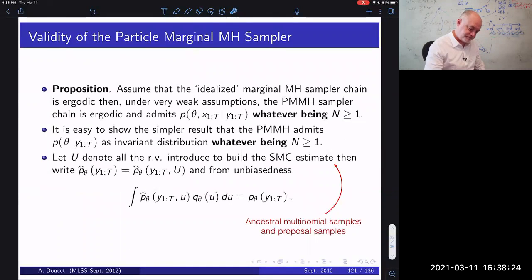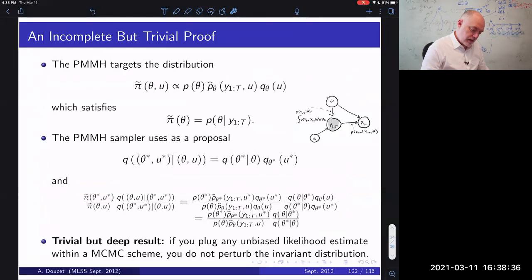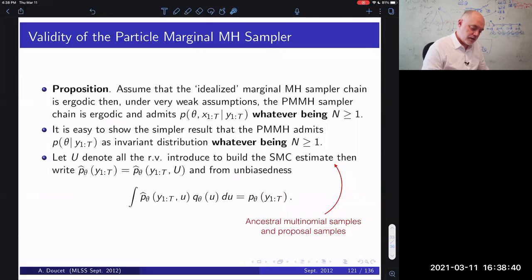Okay. So this gives rise to an interesting algorithm called the particle marginal Metropolis Hastings sampler. Okay.